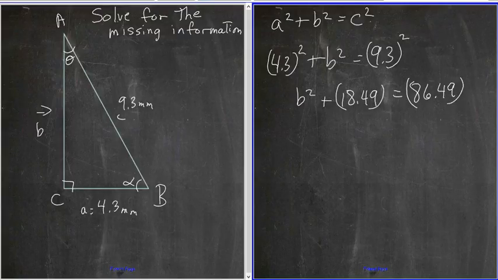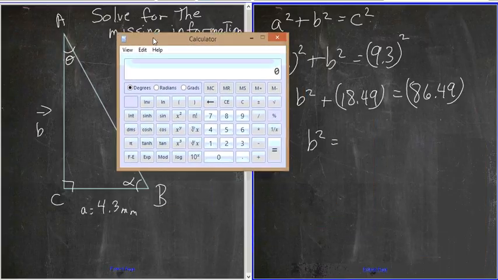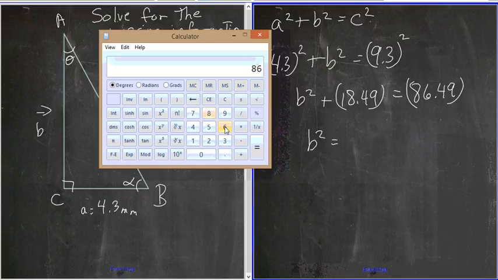Subtract those. B squared is equal to, I'm going to use my calculator, 86.49 minus 18.49 equals 68.